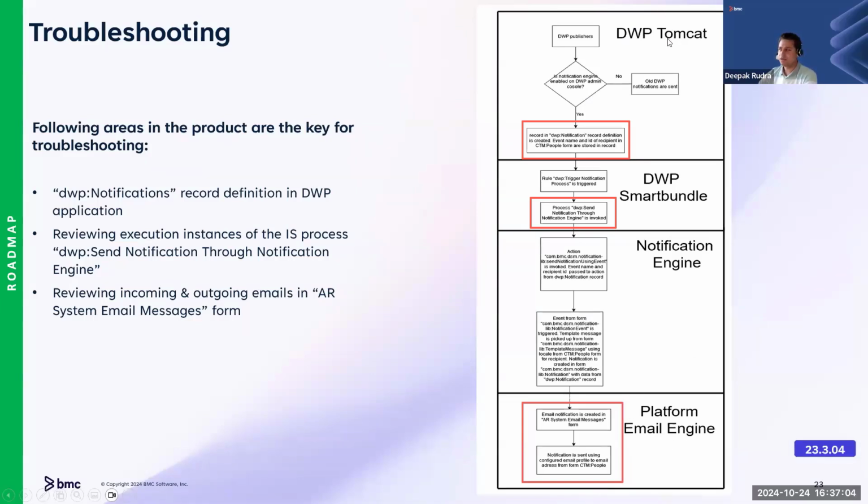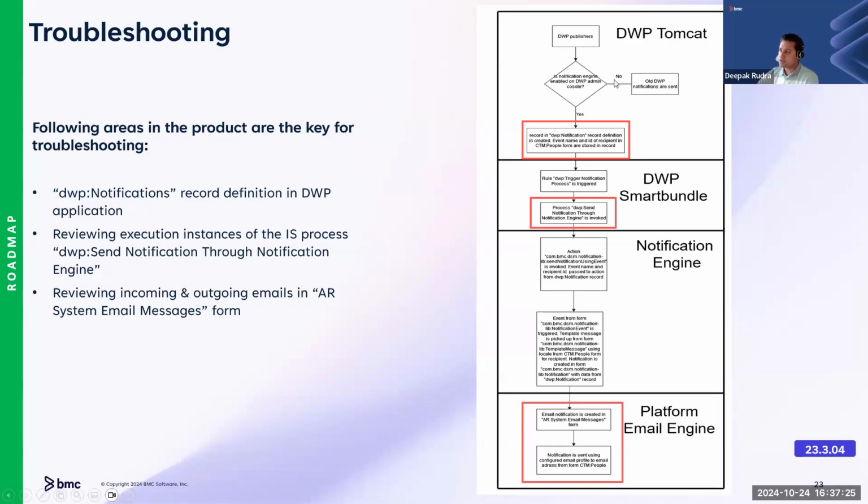You have DWP Tomcat, which is responsible for creating an entry into DWP notification definition, which I said is the staging where you gather all the data and store it, and then the process processes it and forwards it to your system email messages.